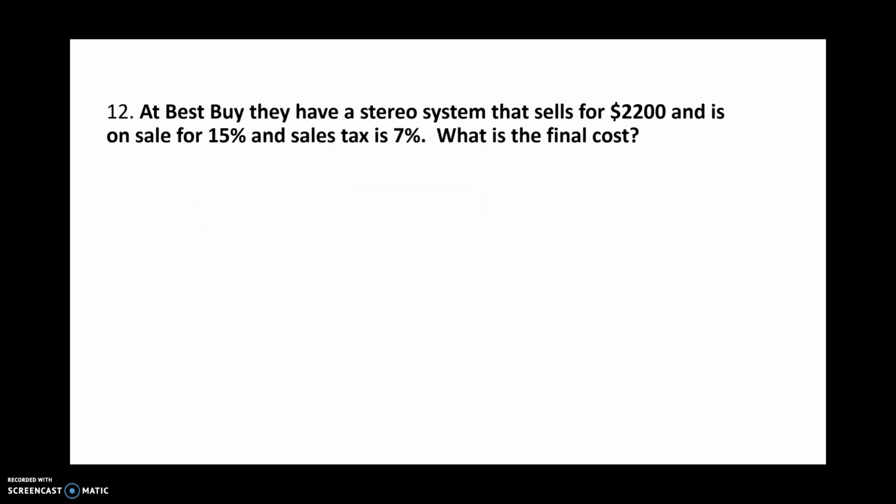Okay, might run out of time here, folks. If I sell something for $2,200 but I get 15% off, I'm going to subtract that, $2,200 minus 15% of $2,200. Here's my bill.